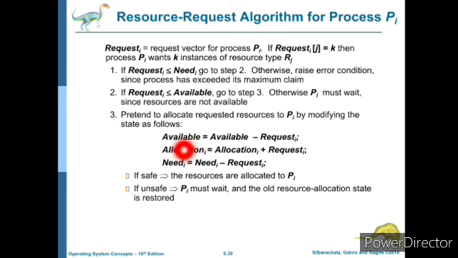Available is equal to Available minus Request[i]. Allocation of process Pi is equal to Allocation[i] plus Request[i]. Next, Need[i] for the process Pi is equal to the previous Need[i] minus Request[i].